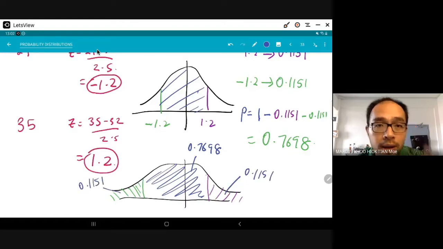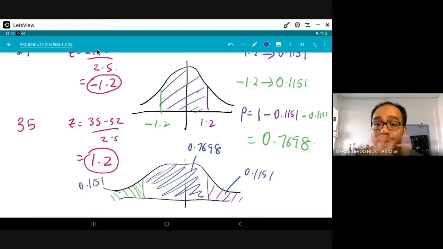We need to understand that, and as I said since last week I have been stressing this, people always forget this: the total area or the total probability under a standard normal distribution graph is always equal to 1. When you know that fact, then you can manipulate your way around.